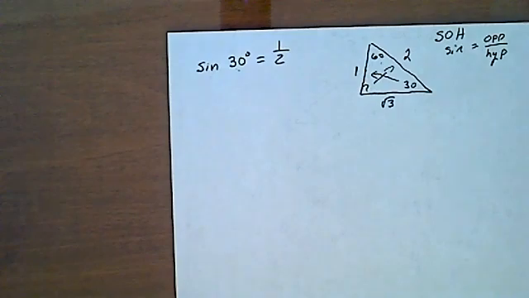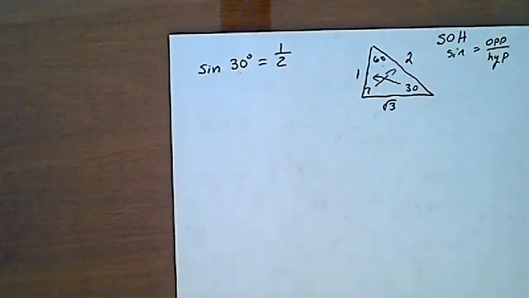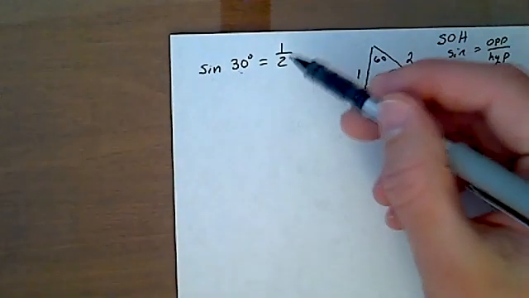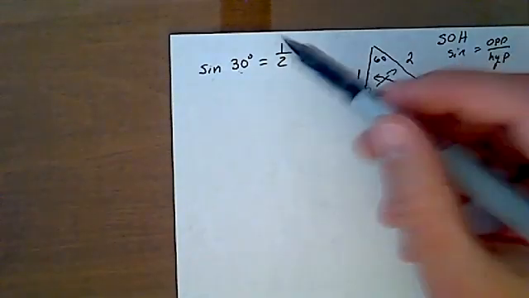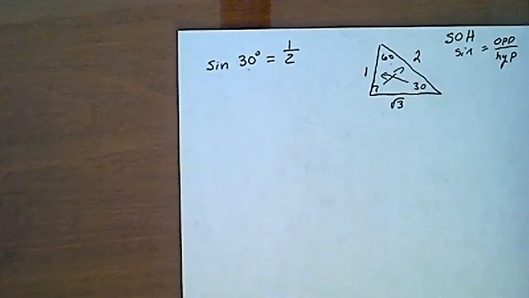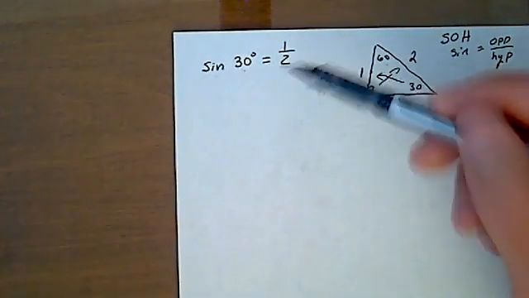What I would do if I were you is, hopefully you have a calculator since it's required for this class, check the sine of 30 in your calculator. All right. If you do not get 1/2, that means your calculator is not in degrees, and you need to fix that. So the sine of 30 is always 1/2.